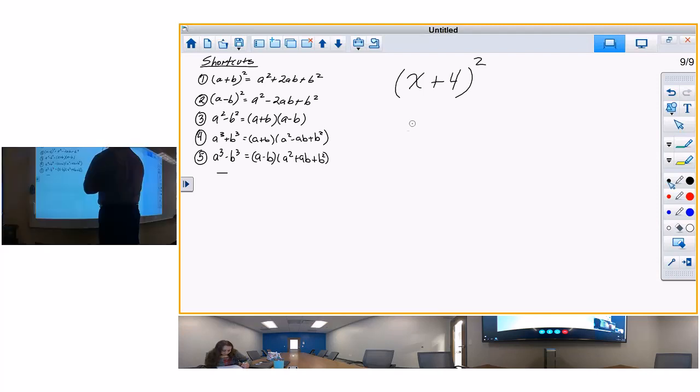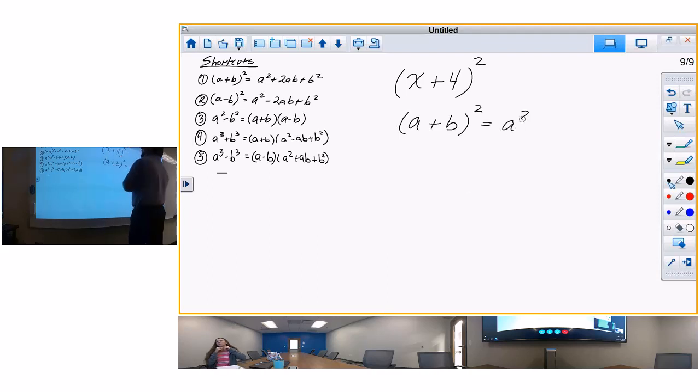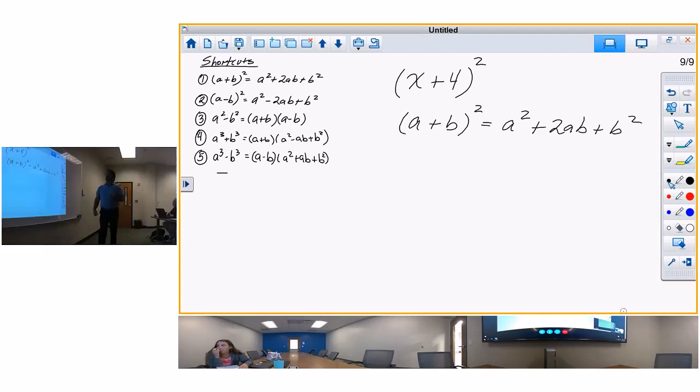So, A plus B, you'd be surprised how many teachers teach this and you don't know whether to eat or go blind. A squared plus 2AB plus B squared. All right, now I want you to tell me what A is. Well, all you got to do is draw an arrow.